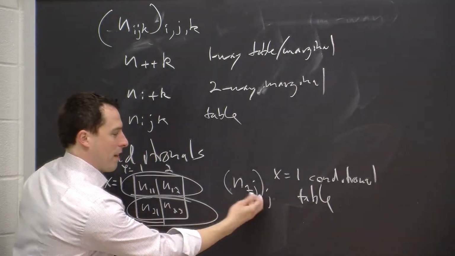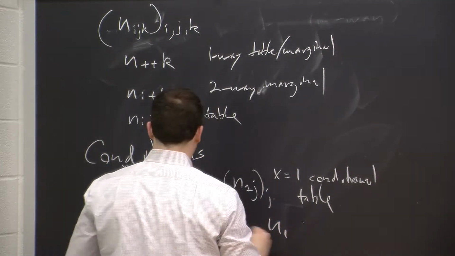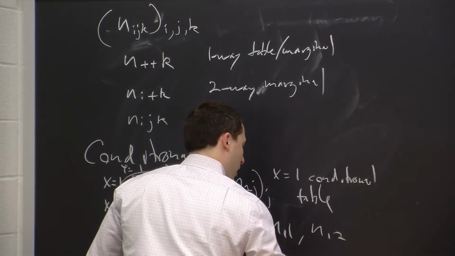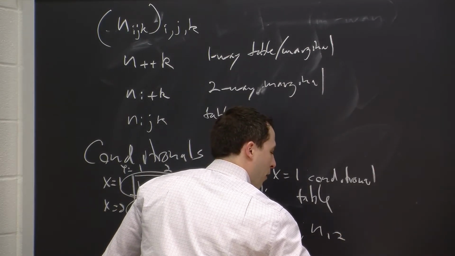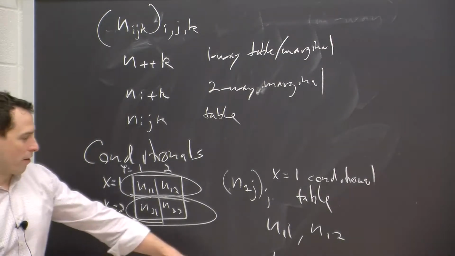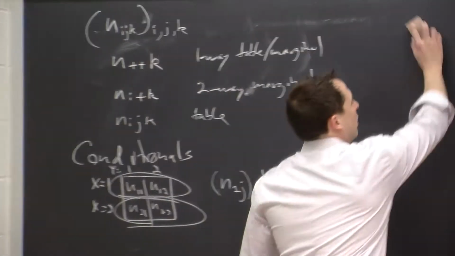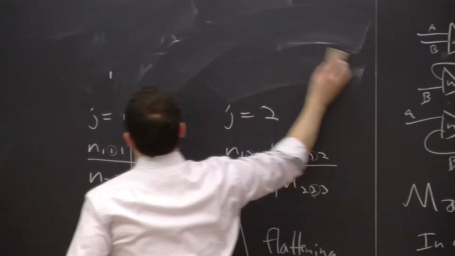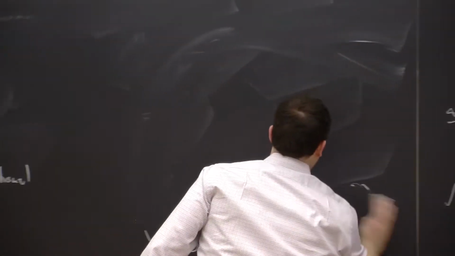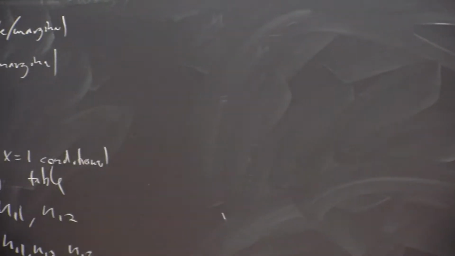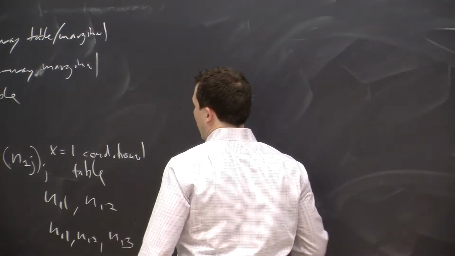So I can think about this as like a vector, n11, n12, n13, if I had three possible outcomes for j. Similarly, I can get conditional multi-way tables.